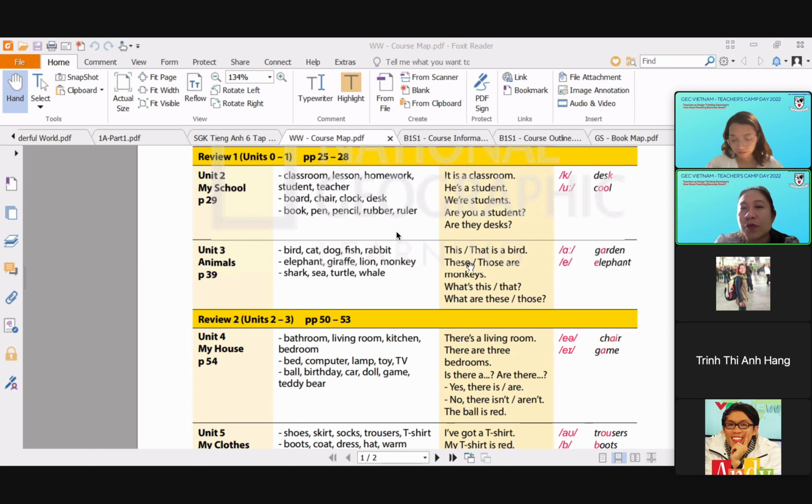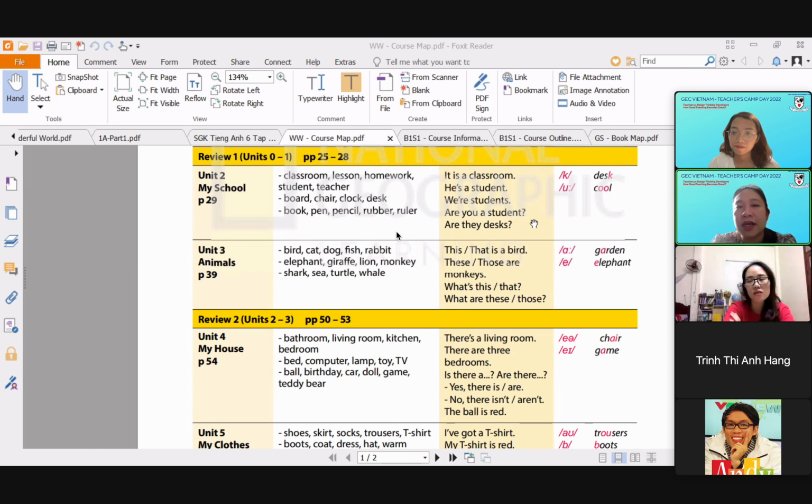From here, normally we cannot get the idea of the skills, how the skills are developed, because they don't give any details about how listening, reading, and writing are presented and taught. So you cannot imagine how these skills are developed.